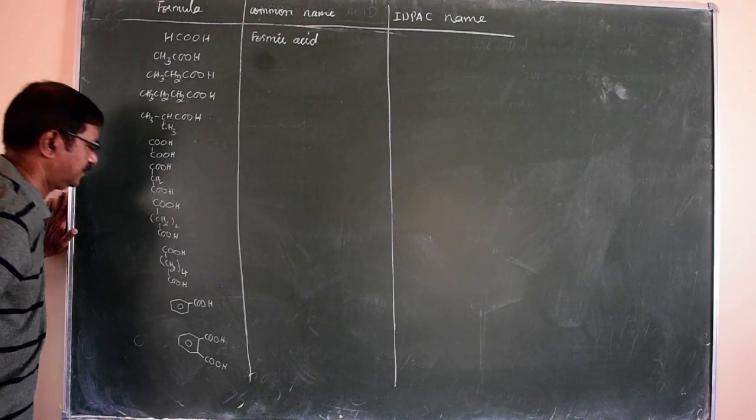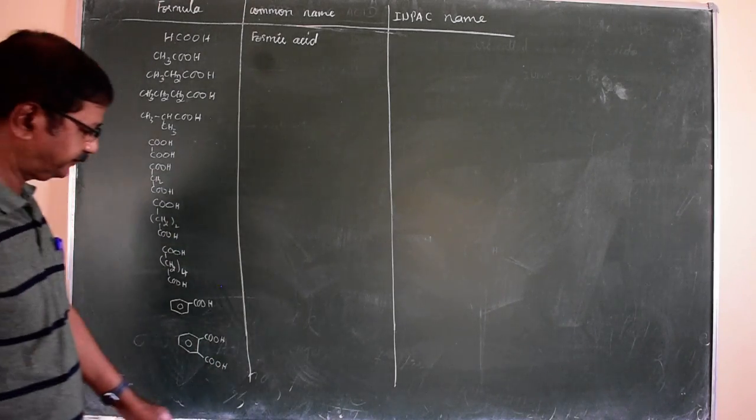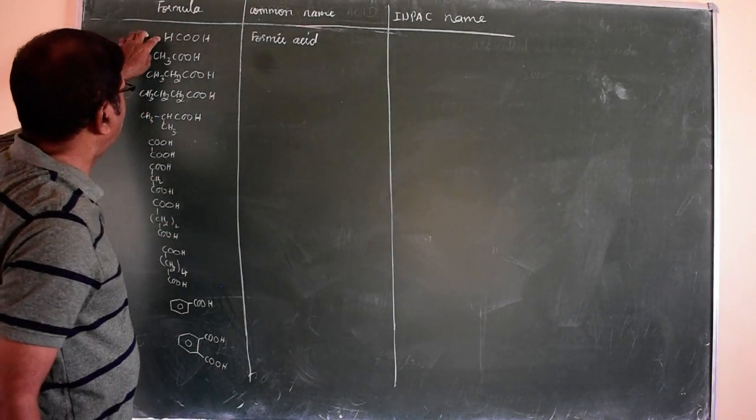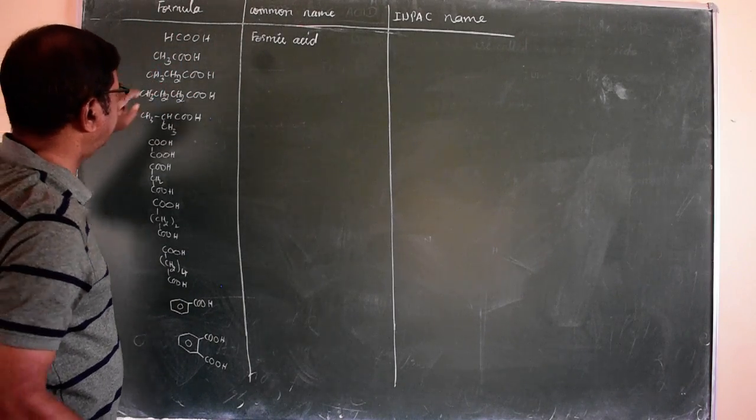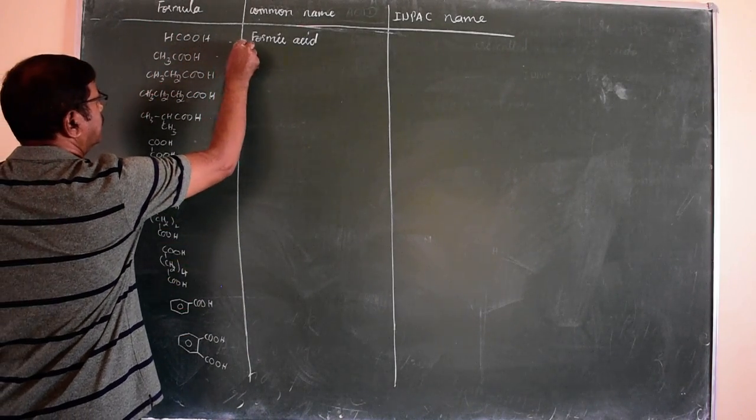COOH. Well, now the first one is formic acid. Next we know it's called acetic acid.